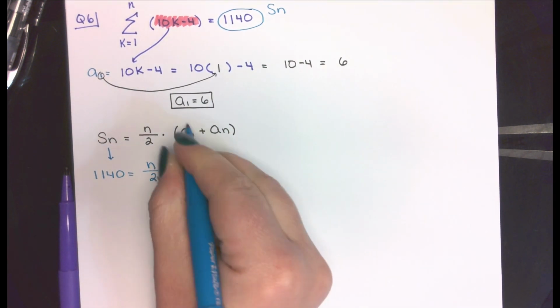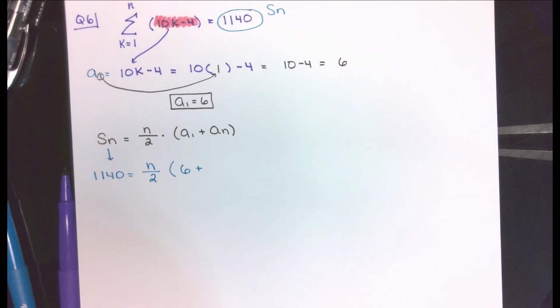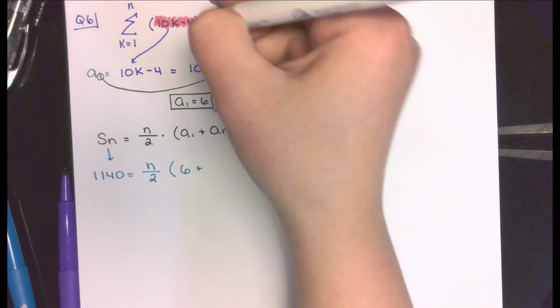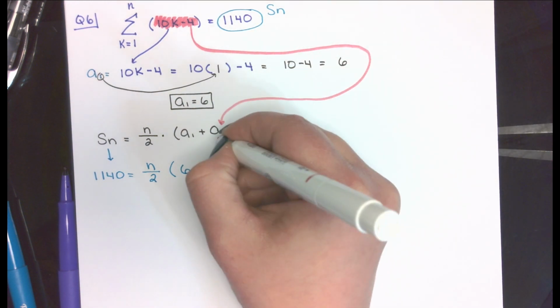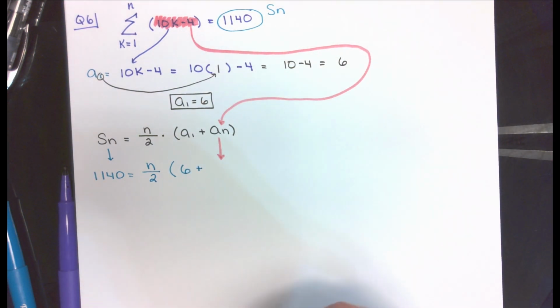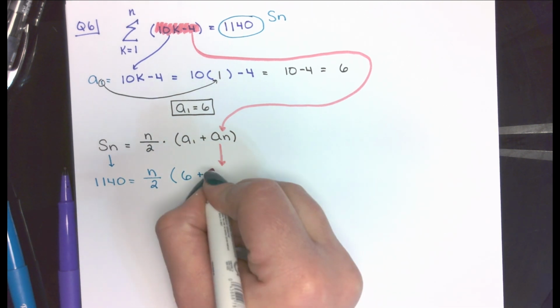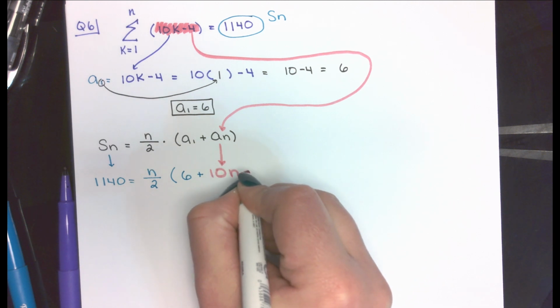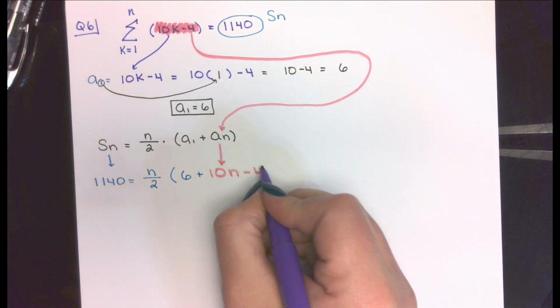A sub 1 we said was 6. And here's where you're going to take the given explicit rule, this one right here, you're going to bring it down, you're going to replace a sub n, but remember, you're not keeping that k or whatever variable they give you. You are changing that to an n. So we have 10n minus 4 from the given explicit rule on top.